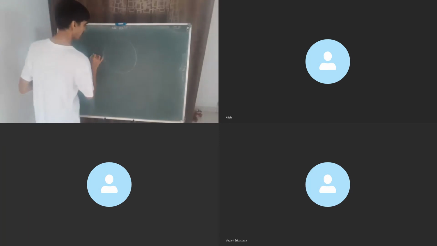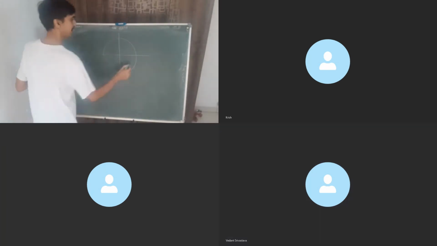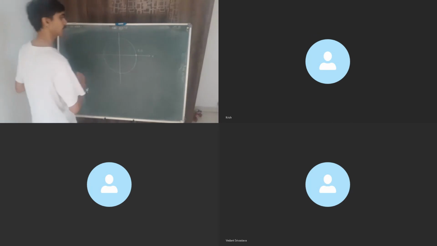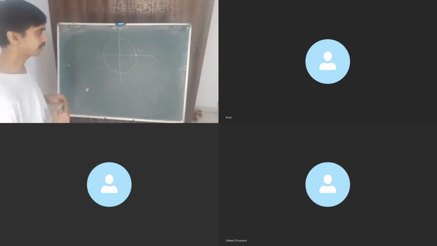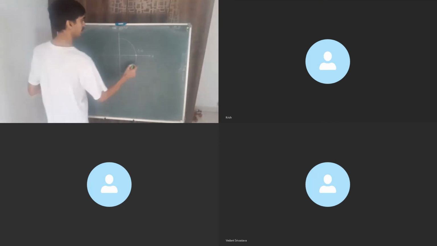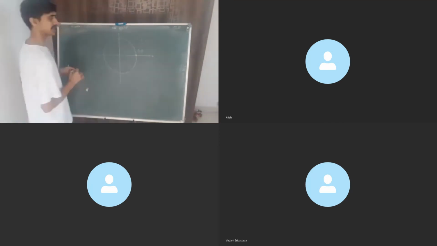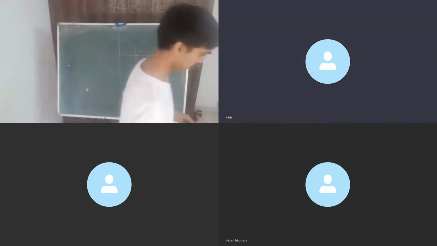Okay, so this is the circle I'm referring to. These are the axes, with the x-axis taken as the horizontal, and this is the position of the particle at t equal to 0. After some time, the particle is rotating with angular speed omega, the sense being anti-clockwise, right? Yes, sir.